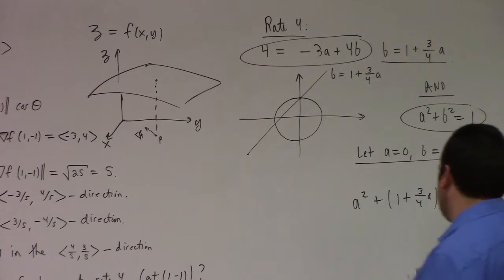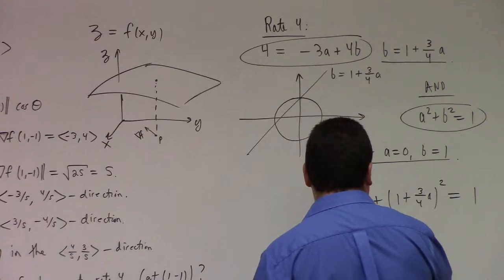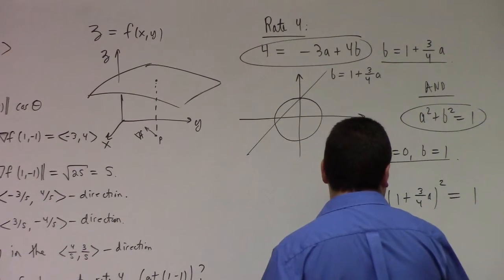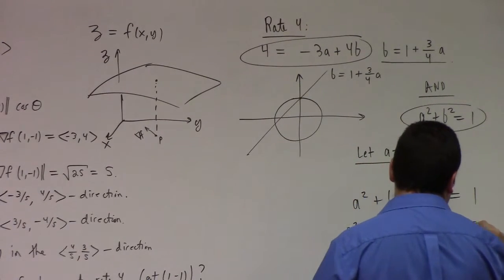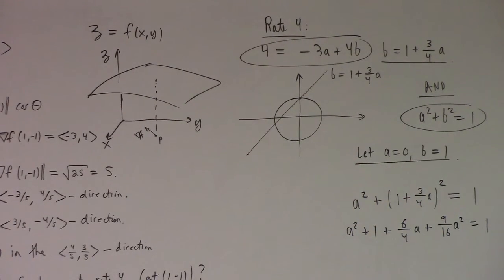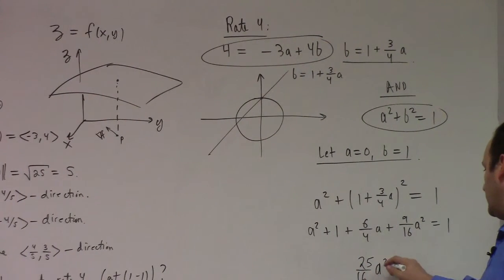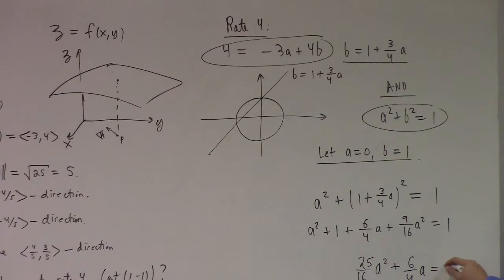Now what does that give us? a squared plus 1 plus 6/4 a plus 9/16 a squared is equal to 1. The 1's cancel, and you got 25/16 a squared plus 6/4 a is equal to 0.